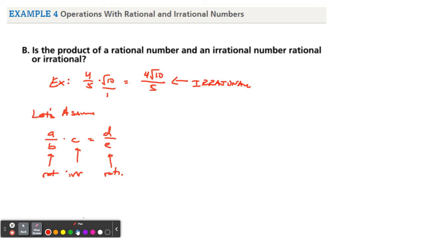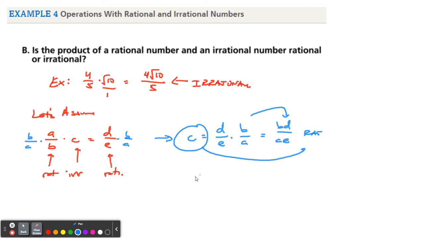We're going to multiply both sides by the reciprocal, B over A. This will get rid of the A over B and isolate the C. On the right-hand side, you'll have D over E times B over A. When you combine those, you're going to get BD over AE. We talked about earlier that if you multiply two rational numbers, you get another rational number. This result is rational. Well, this is what C equals, which means C must be rational.